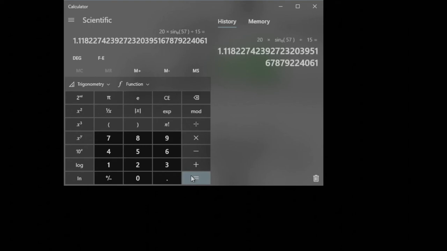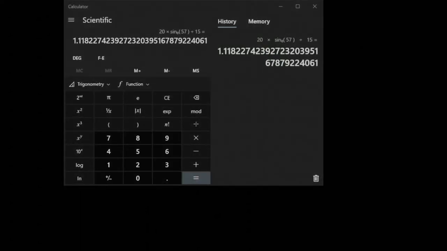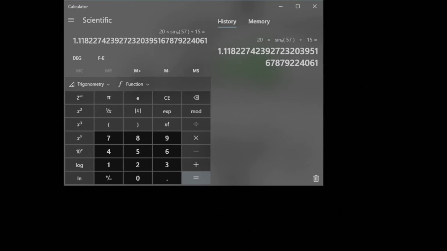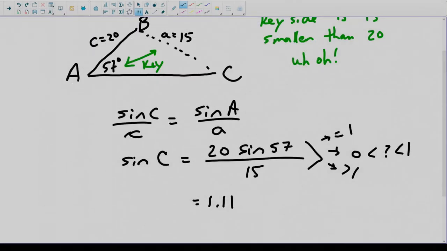Oh, we're getting a number greater than 1. It's giving us 1.12 approximately. So let me transition back to the smartboard here. So that'll give 1.12 approximately, and that is greater than 1. So no triangle possible.